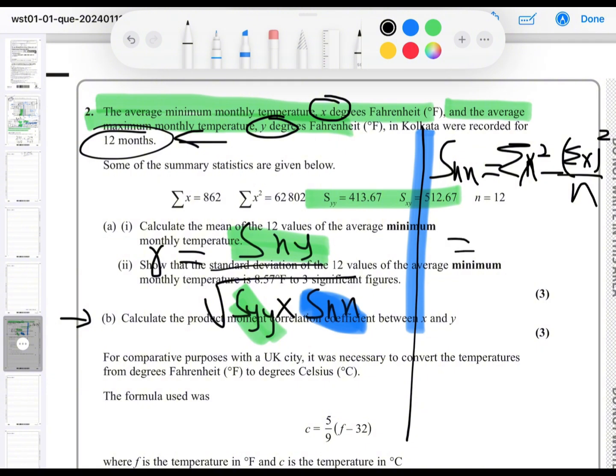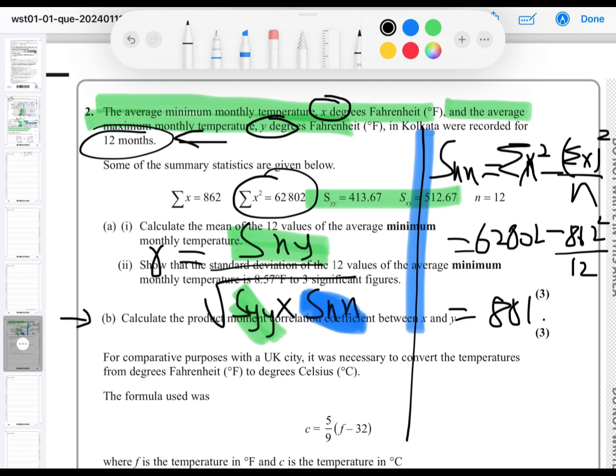The summation of x square we already have, 62802, minus the square of 862 upon 12. Clear understanding of the formulas is a must here. You must know which formula you have to use where. I'm putting this in the calculator, and I got 881.7.